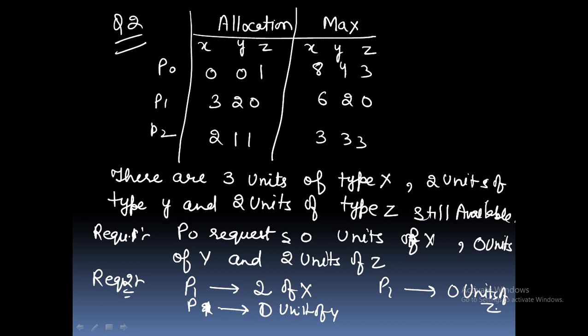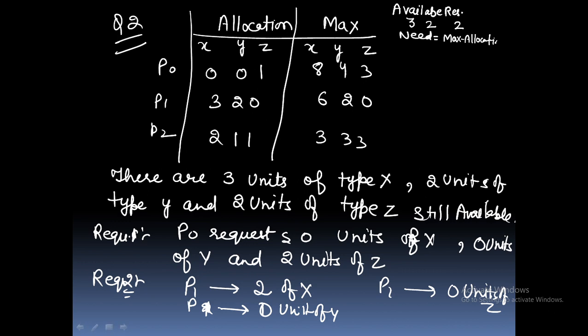For solving this question, first of all, we have to find out what is available. Available resources: we have 3 units of X, 2 units of Y, and 2 units of Z. 3, 2, 2 is given. Now find out need. Need can be found as max minus allocation.